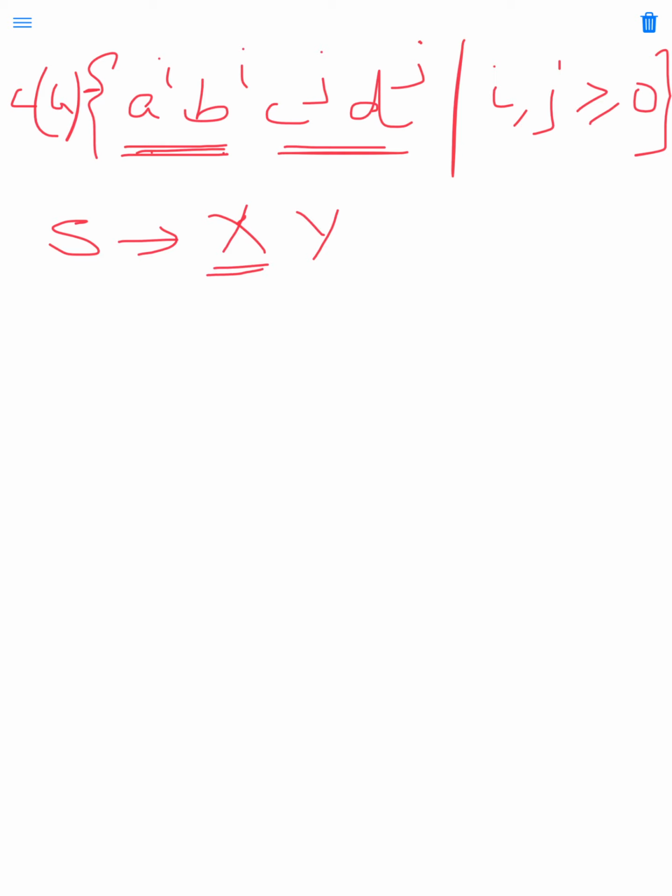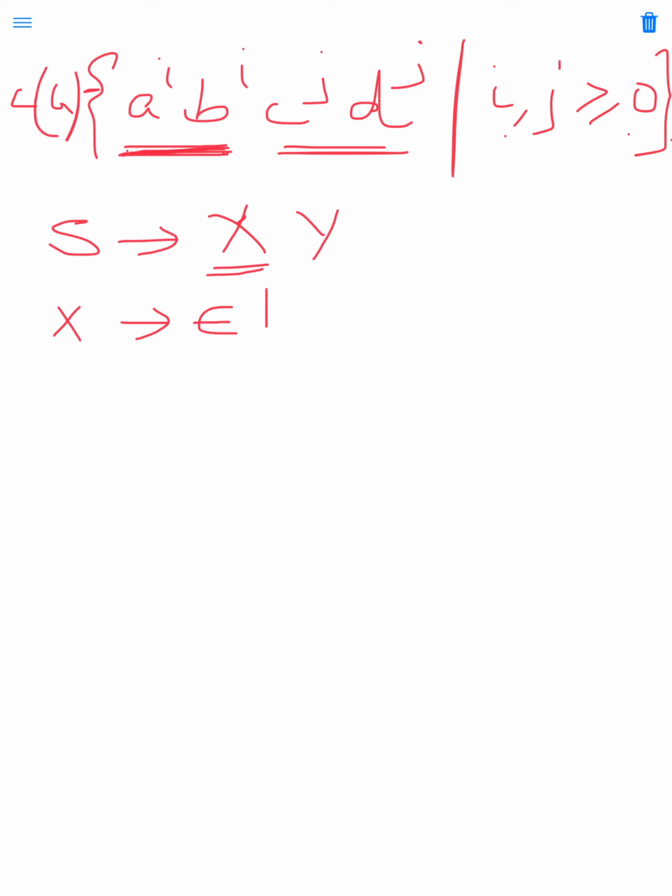Now what is this X? X is having equal number of A's and B's, and where i value can be equal to 0 also, which means 0 occurrence of A and B, which means in that place you can substitute epsilon. So X gives epsilon.